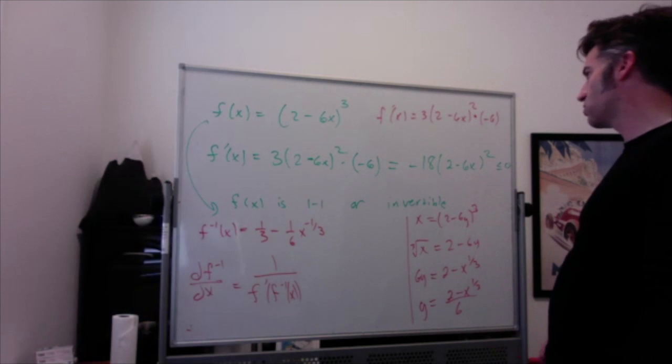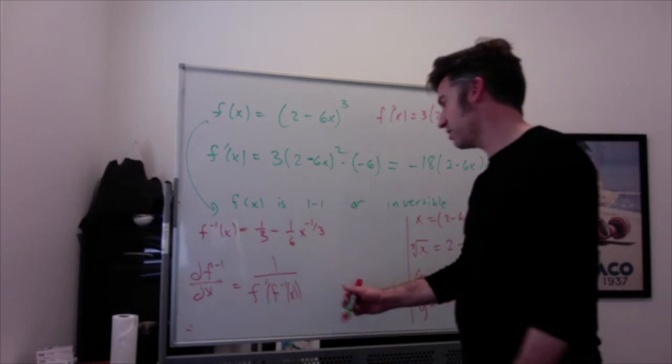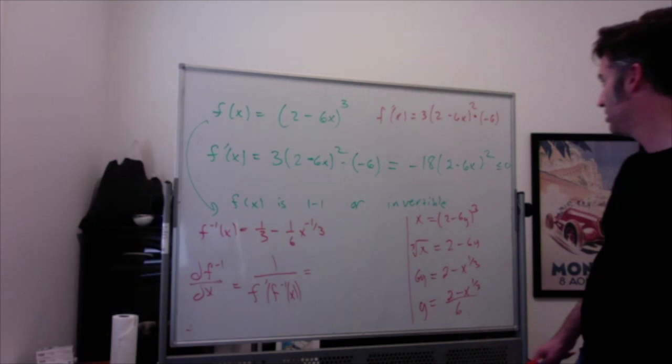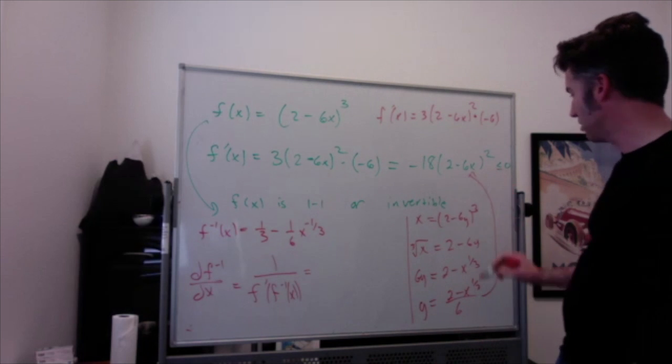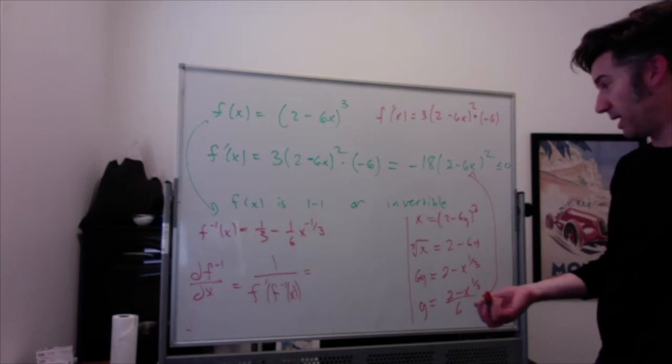Oh, especially because this one does kind of come out nice. So if you do it this way, and I'm going to go back to this because plugging this in for x here might actually turn out really nice. So look at what I get.